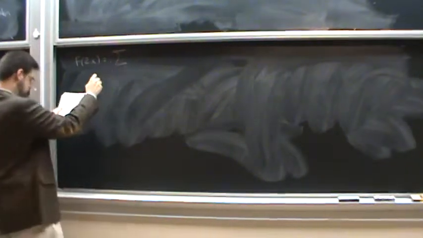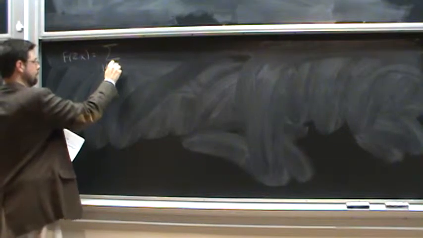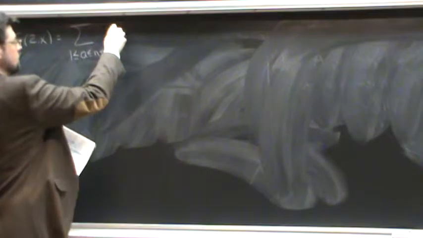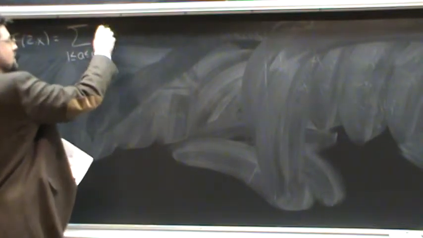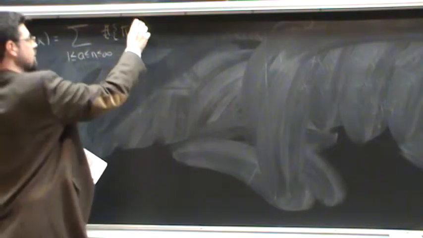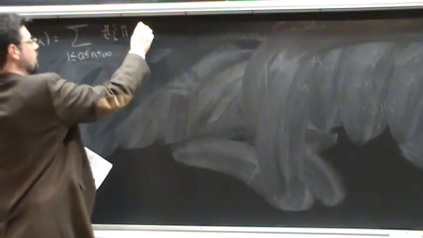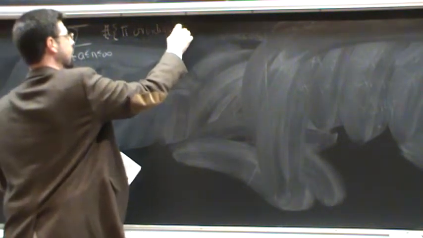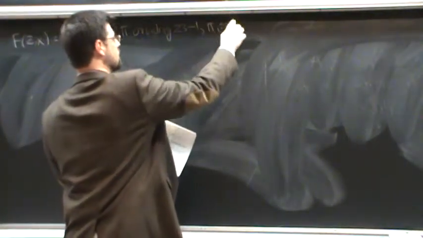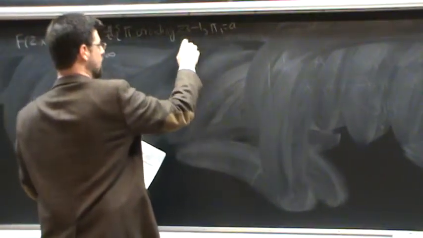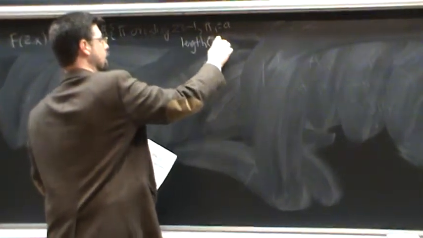So, let's suppose we have this generating function. And this is z to the n, I should say what my coefficients are: the number of permutations avoiding 2-3-1, with pi 1 equals a, and length of pi equals n.